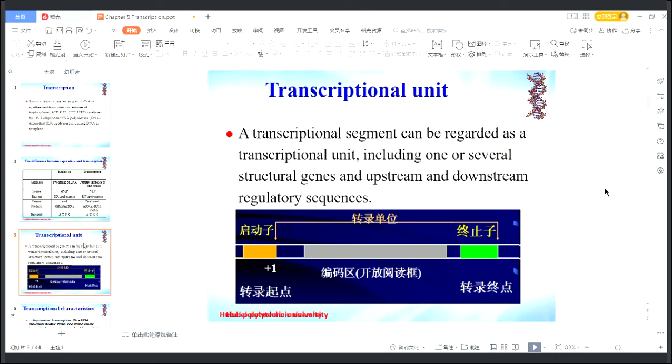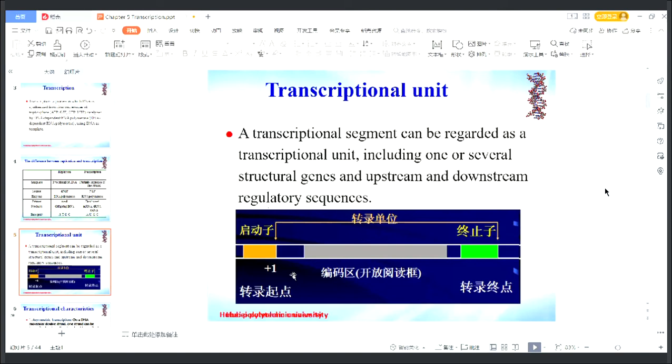Structural genes code the RNA. And here, from this figure, I list several Chinese words. Here, you can see the promoter, 启动子.